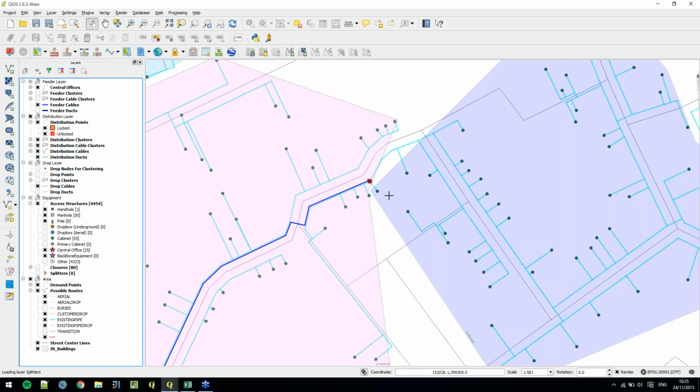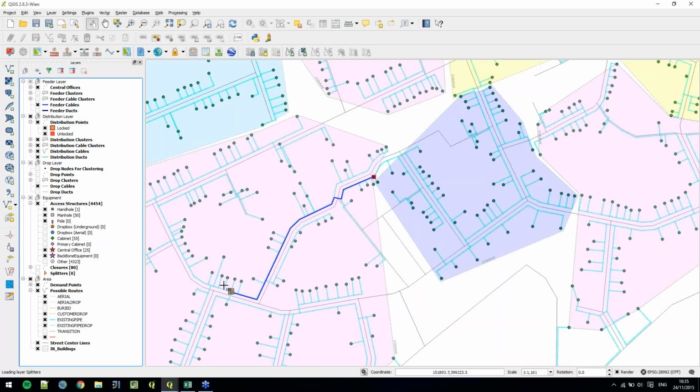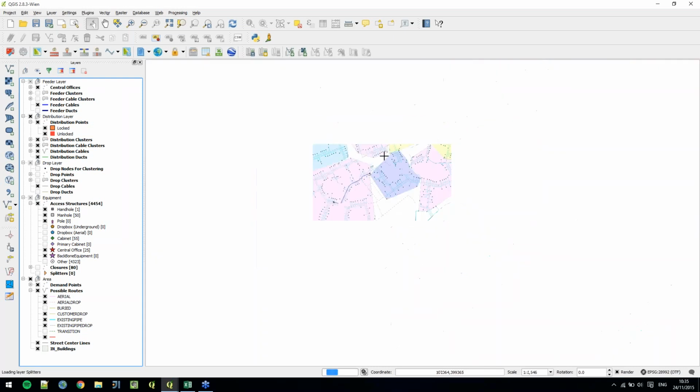So the software will not place any new copper routes, so no new copper cables will be laid out. The software will place the new nodes and will calculate the fiber routes for getting to these new nodes.